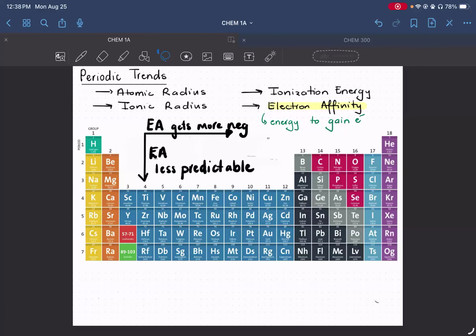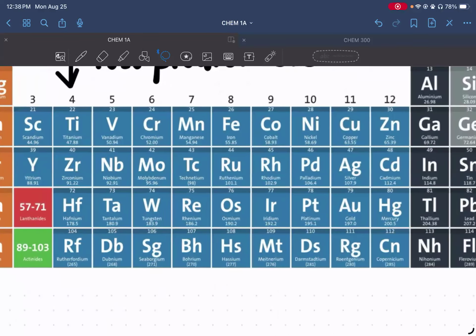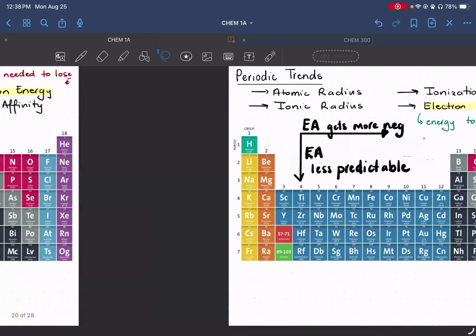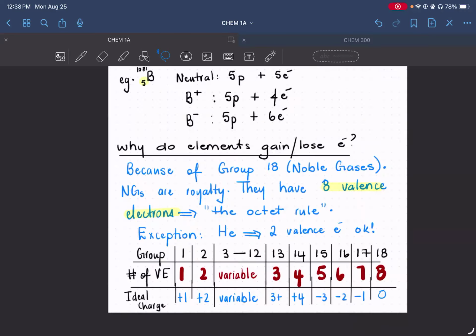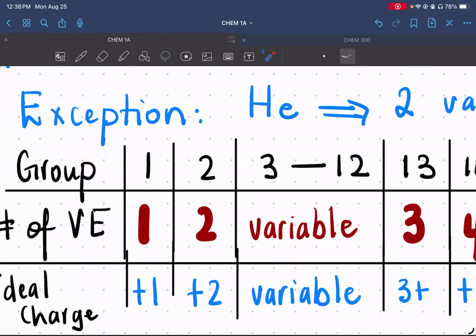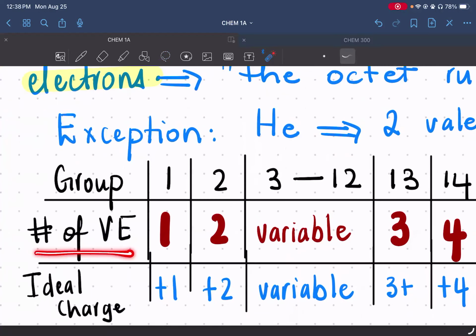The transition metal series is that blue block right there in the middle. Starts at group 3, goes all the way to group 12. If you recall, the one thing I told you about 3 to 12 is that the number of valence electrons are variable, and the ideal charge is also variable.